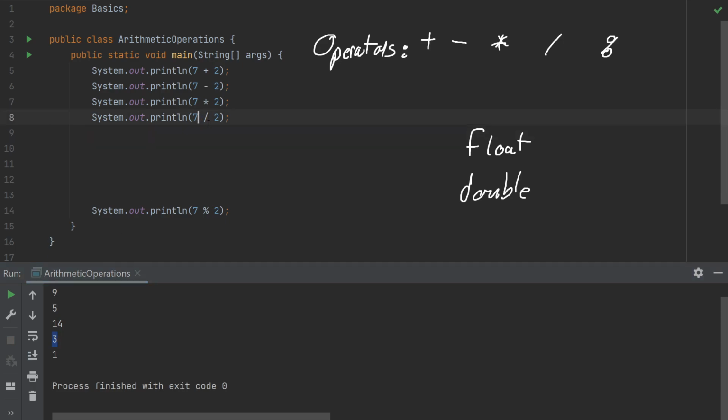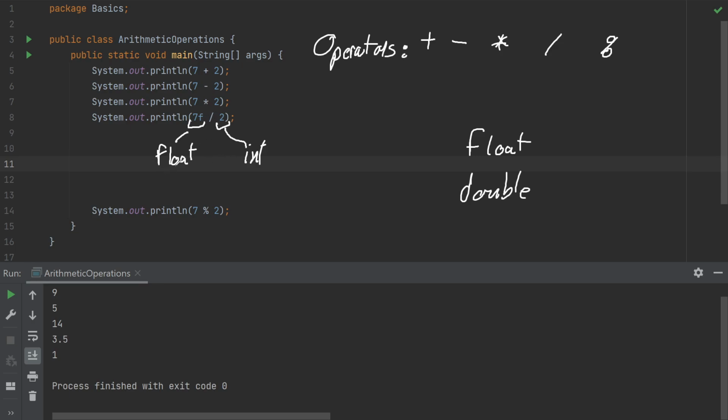But the moment I put that F, we specify that one side is a float and one side is an integer. Now the problem with these two operands is that it cannot do an operation on them unless both sides of the operator are the same type.